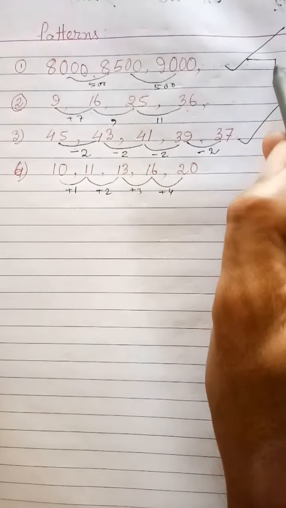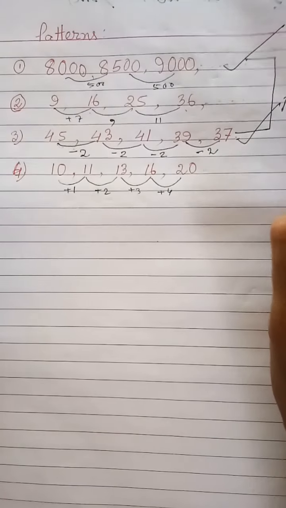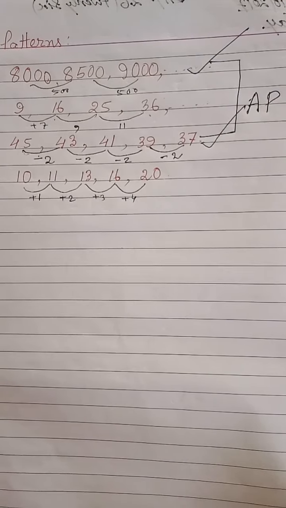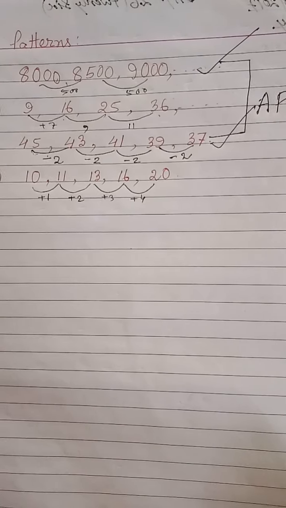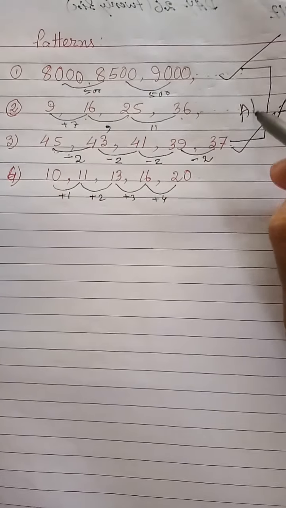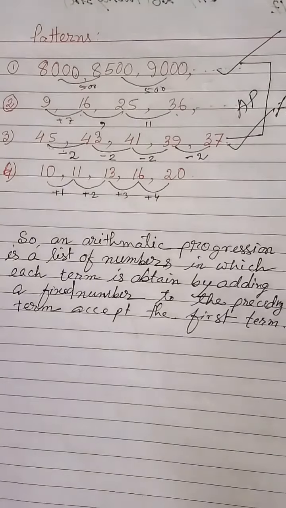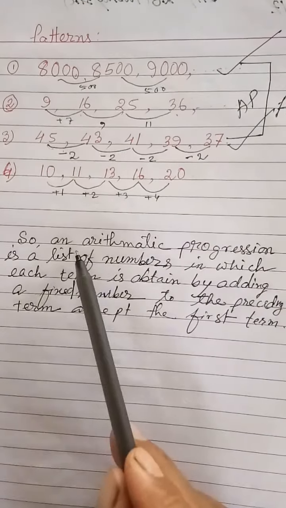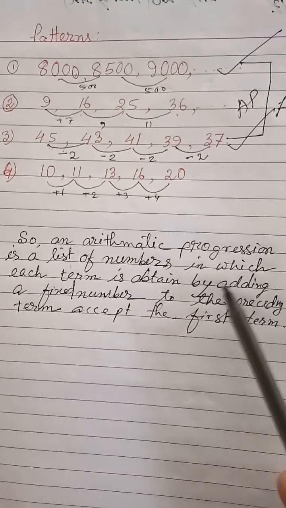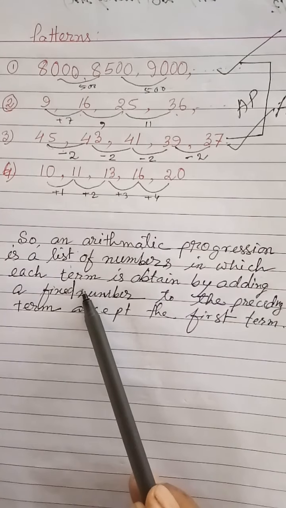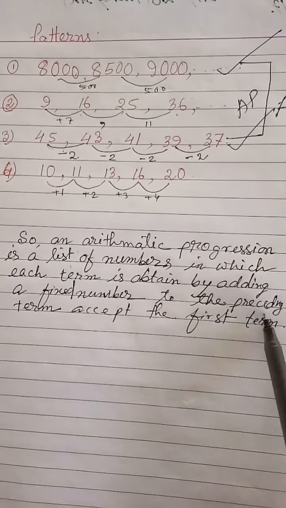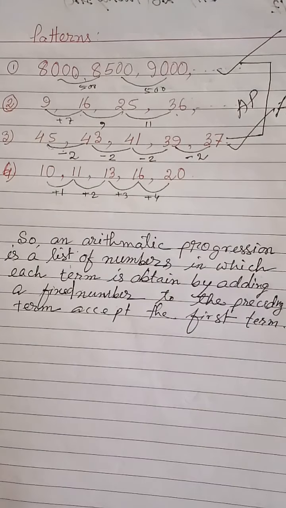So these two examples are arithmetic progressions. So we can say an arithmetic progression is a list of numbers in which each term is obtained by adding a fixed number to the preceding term except the first term.